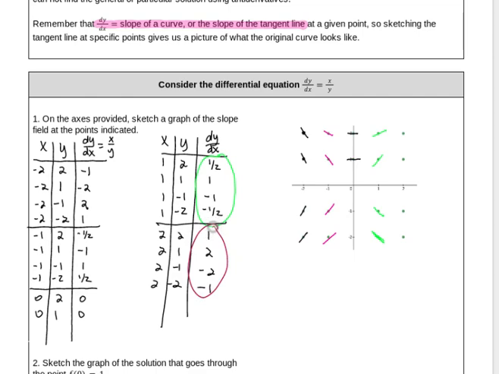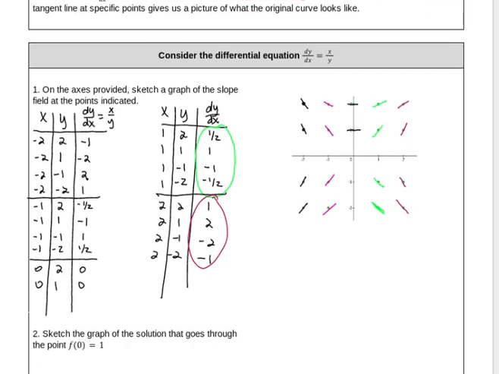So these slopes are going to go on these points here on the right side of our graph. So we have a slope of 1, we have a slope of 2, and then a slope of -2, and a slope of -1.